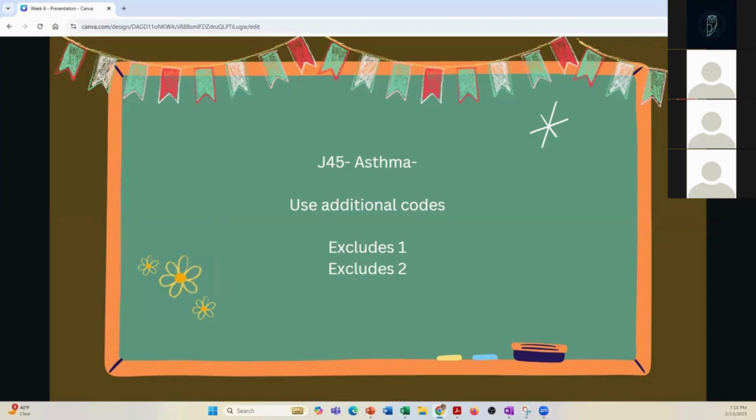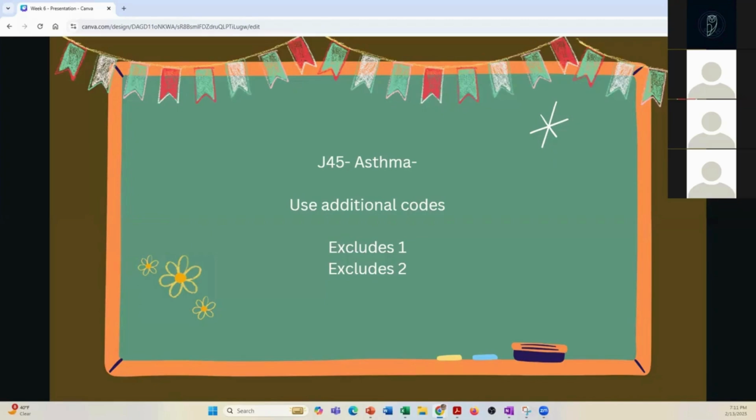So if your report says the patient had miner's asthma, you would code J60. You wouldn't use J45.99 for other asthma, and you can't code J45.99 with J60. Those codes do not go together.